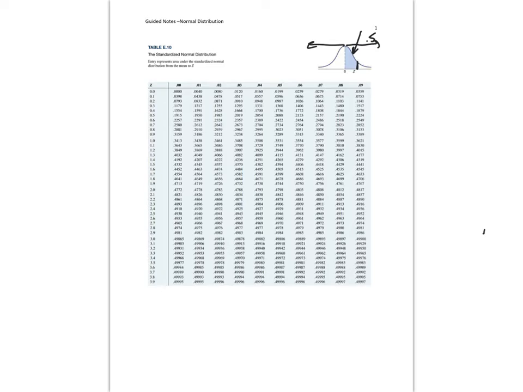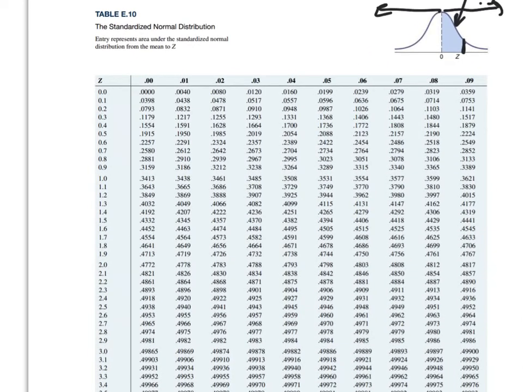At 0.25, you see 0.0987. The number 1.00, and I get 0.3413. 1.83 is 0.4664. 0.91 is this number here, 0.3186.